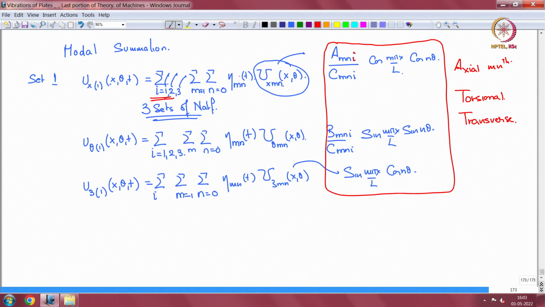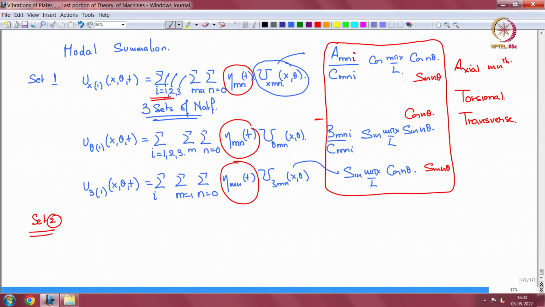Because this is one mode, therefore it has the same modal participation factor. Now if I do set 2, then this will be sin n theta, this will be minus into minus cos n theta, and this will be sin n theta. That will be set 2, the rest will remain the same.